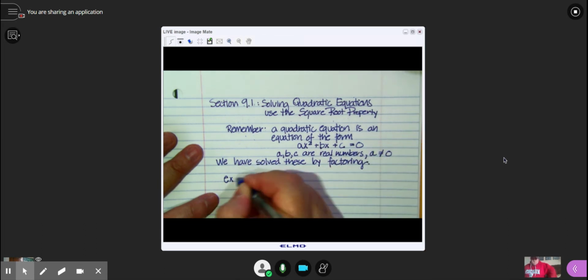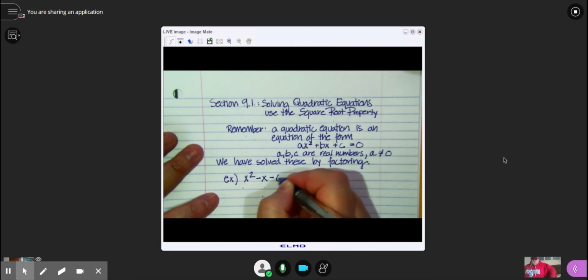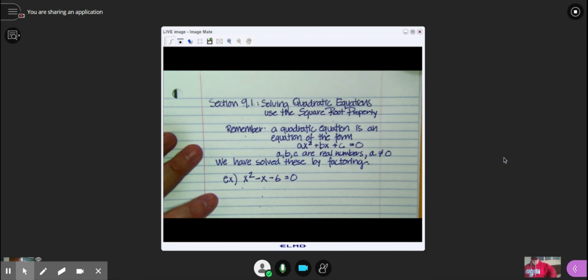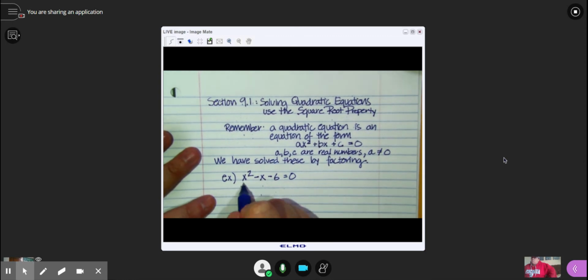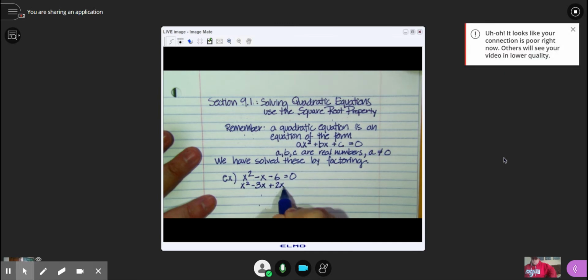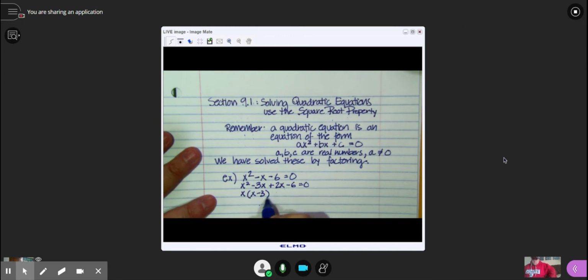For example, we've taken an x squared minus x minus 6 equals 0 and factored this as x squared minus 3x plus 2x minus 6, where we factored it using grouping, to get x minus 3 times x plus 2 is equal to 0, to know that x could be 3 or x could be negative 2.